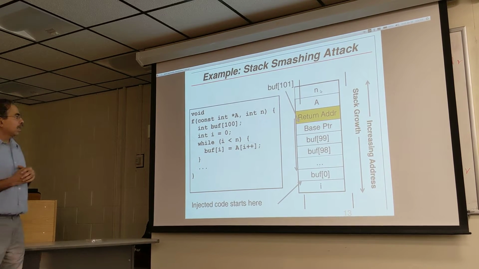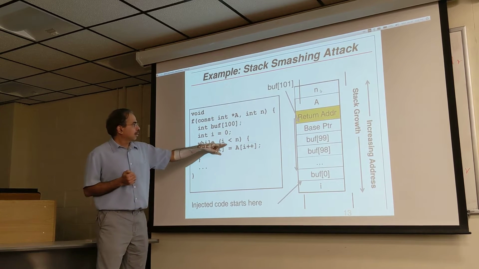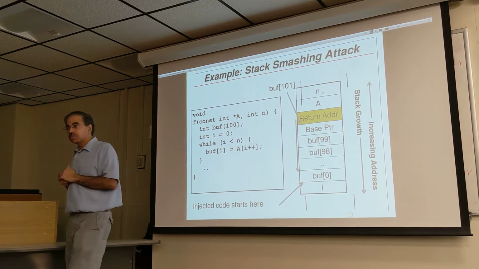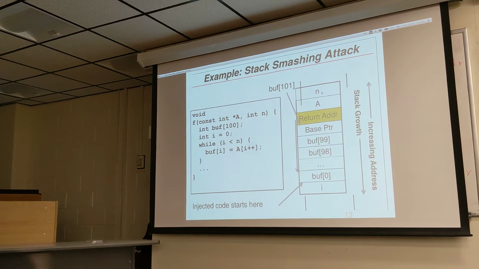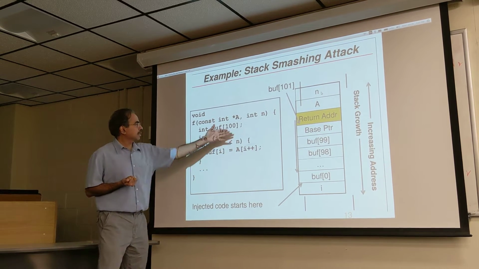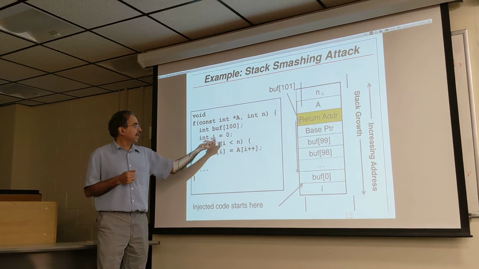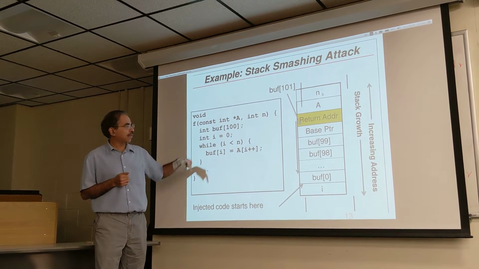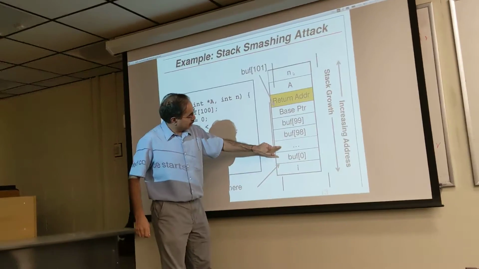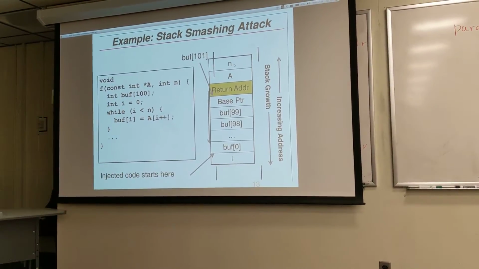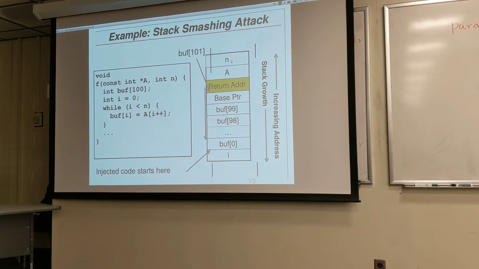But the error is that buff has capacity only for 100 elements, and this has size of n, and if n happens to be larger than 100, then you will overflow and write into the return address.